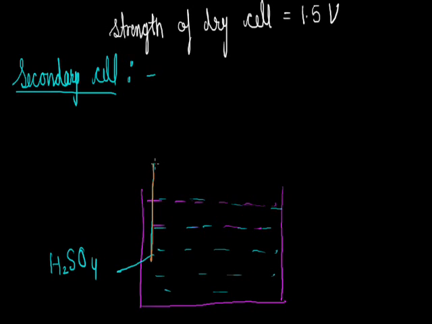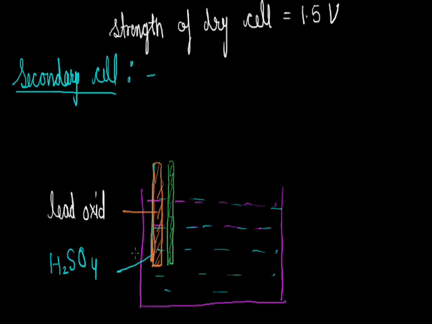There are alternate rods. One is of lead oxide and the second is of lead. These rods are connected in alternate series. This is lead, again lead oxide, then lead.